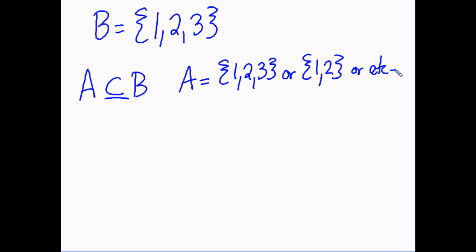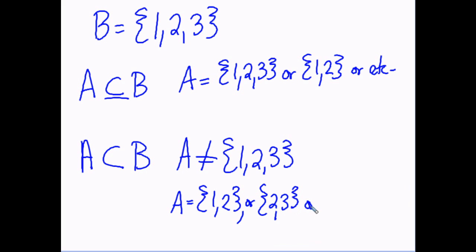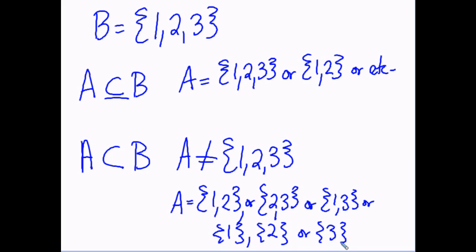And A can equal {1, 2, 3}. If A is a proper subset of B, A cannot equal {1, 2, 3}. A can only equal {1, 2}, or {2, 3}, or {1, 3}, or {1}, {2}, or {3}.